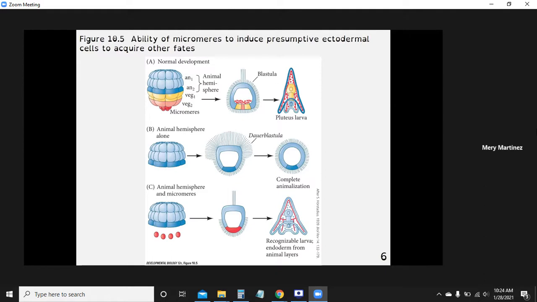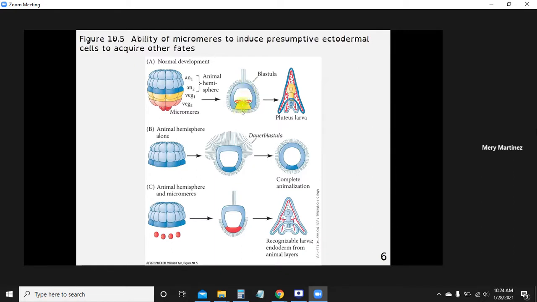Okay, so the micromeres produce a signal that tells the cells above them to become endoderm and induces them to invaginate into the embryo. So this is how we have here, this cell is going to start invaginating. Remember that movement, going inside, is like poking your finger into a balloon, okay?